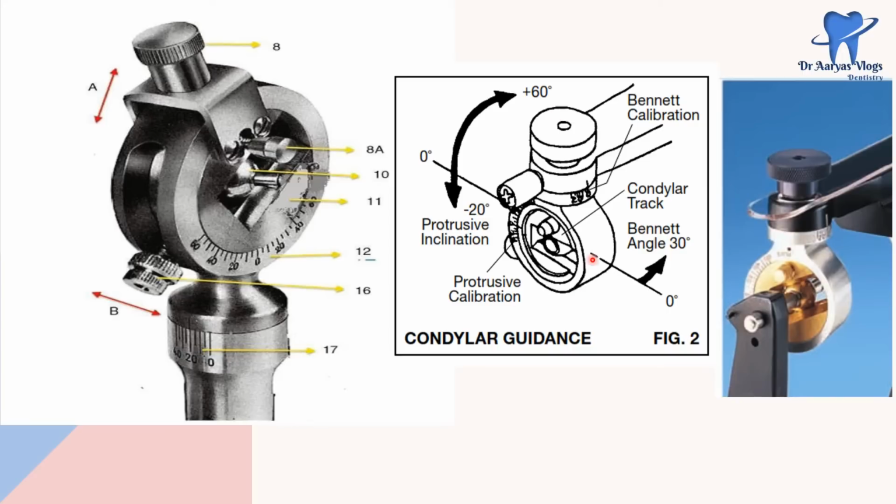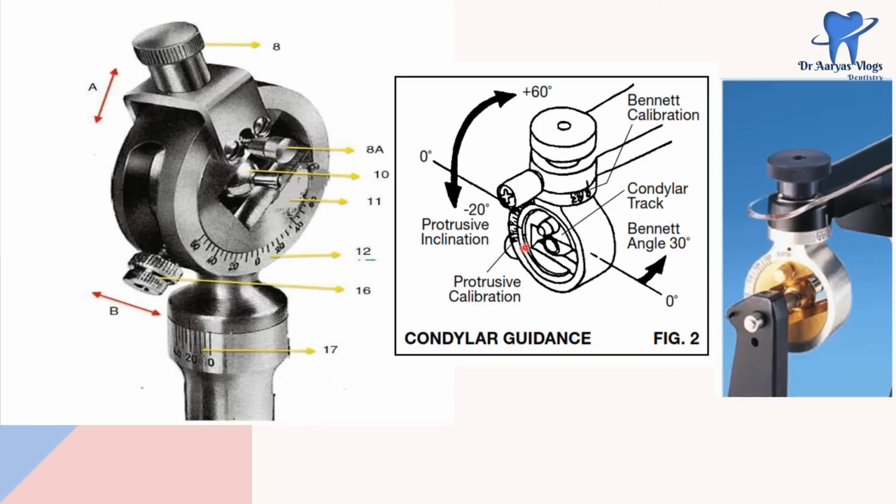So this is the condylar guidance. Here it is from 0 to plus 60 degrees or 0 to minus 20 degrees. And these inclinations are termed as protrusive inclination. It simulates the superior wall of the patient's fossa.